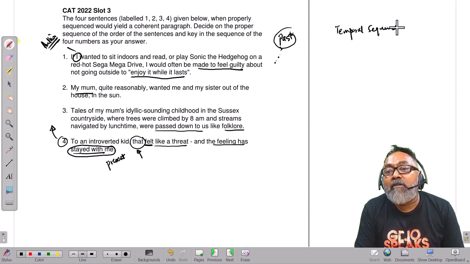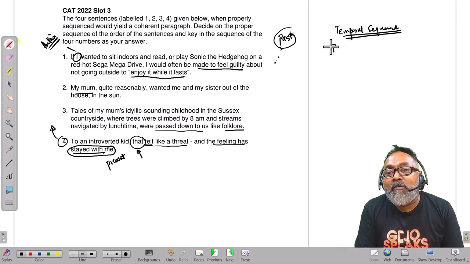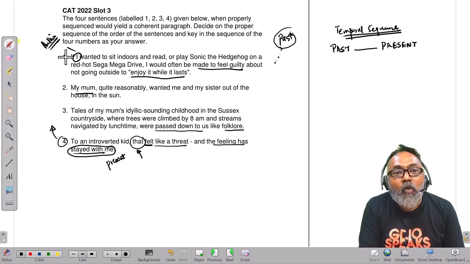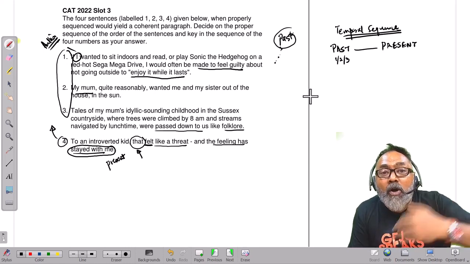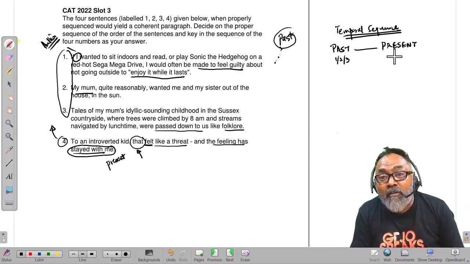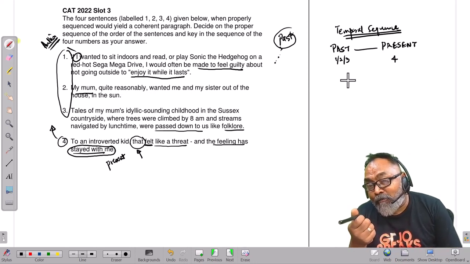What is a temporal sequence? A time-based sequence, a move from the past to the present. In that temporal sequence, 1, 2, 3 in some order are in the past, what my mom used to do and what I felt. And 4 is in the present. So the temporal sequence tells me that 4 is last.